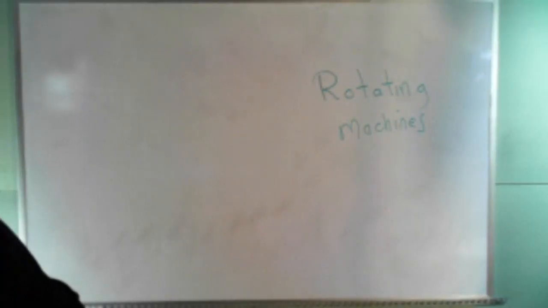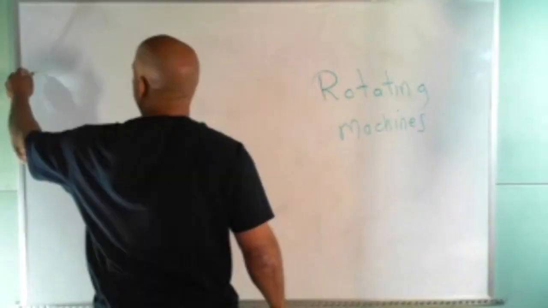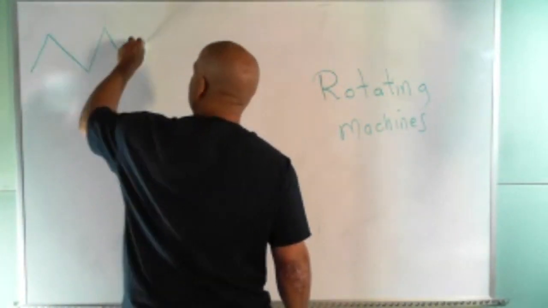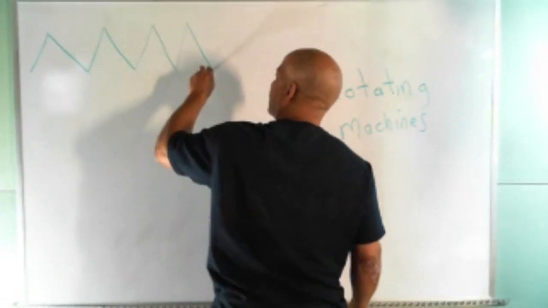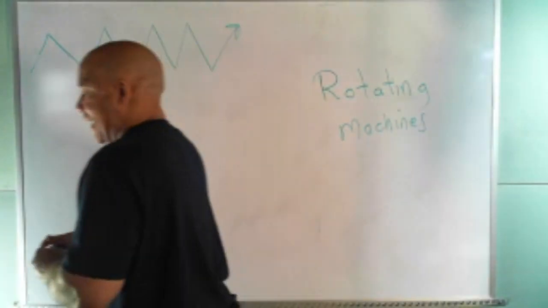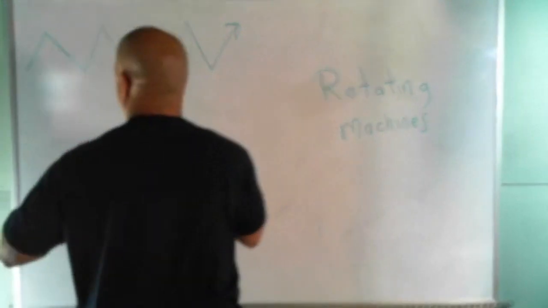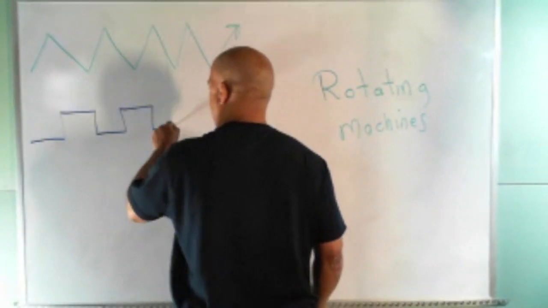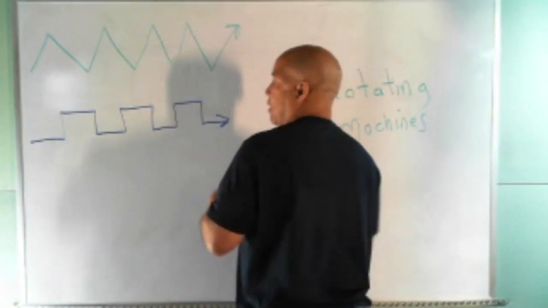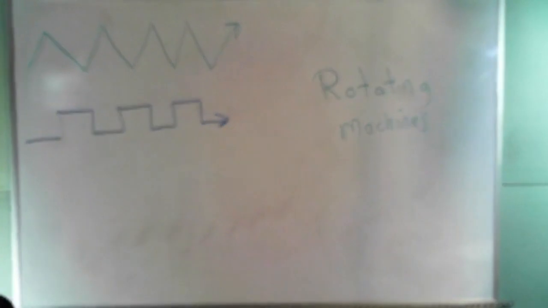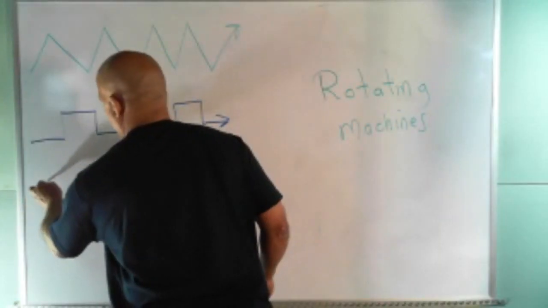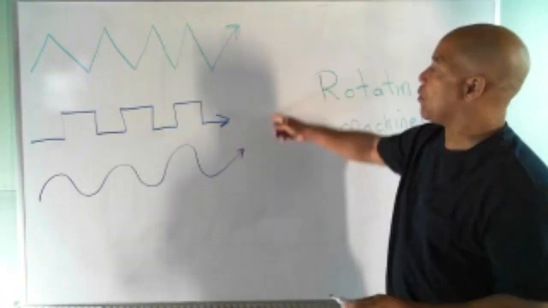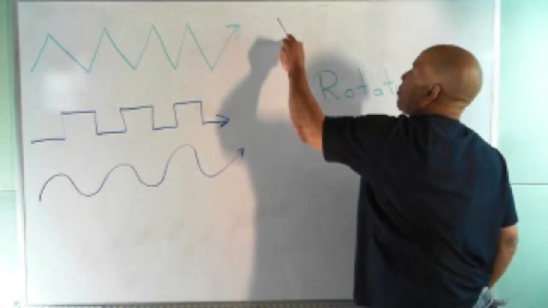I can have AC that looks like this. And it keeps going. I can have AC that looks like this. And it keeps going. Or I can have AC that looks like this. And it keeps going. All three of these are called waveforms.